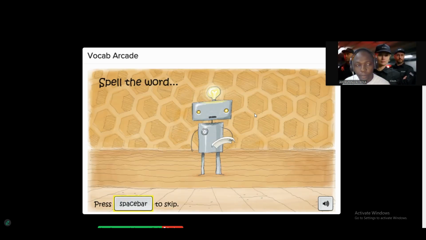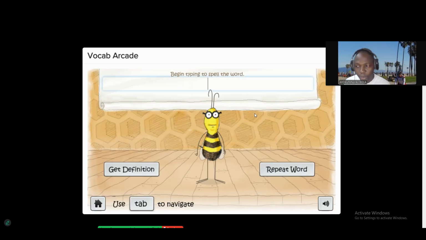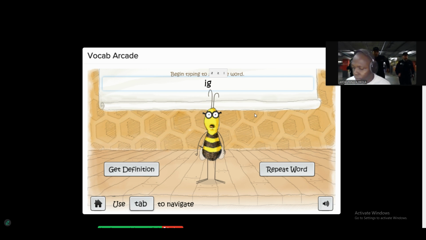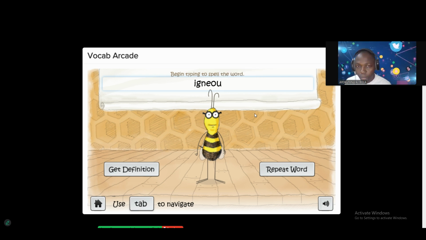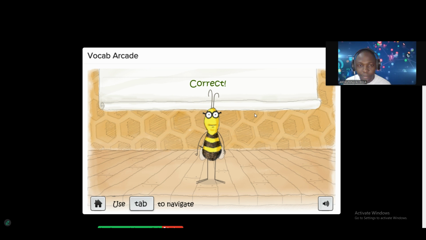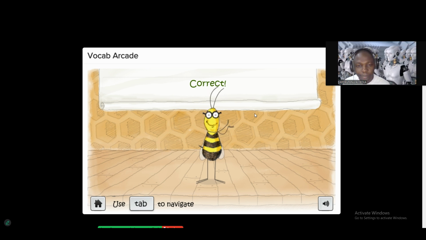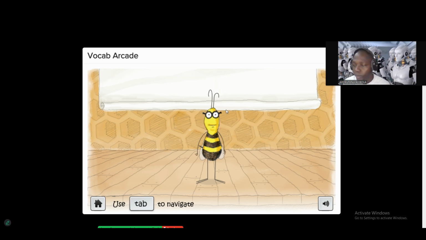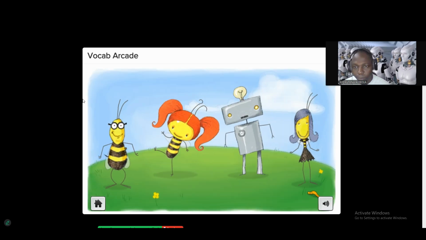Spell the word igneous. I G N E O U S. So I think that's the end of vocabularies.